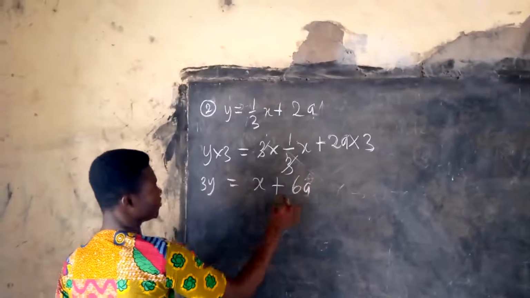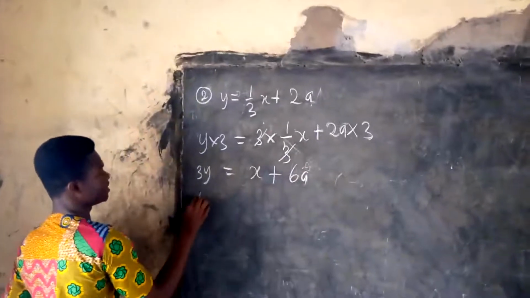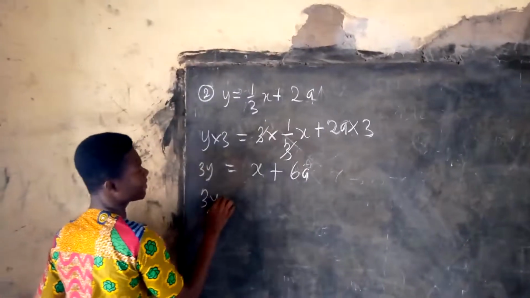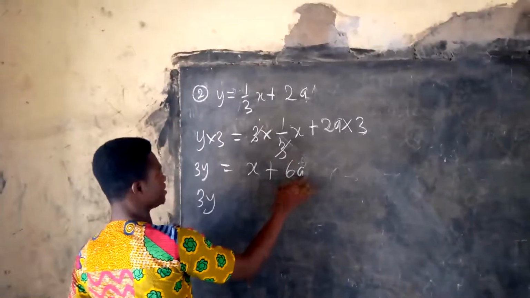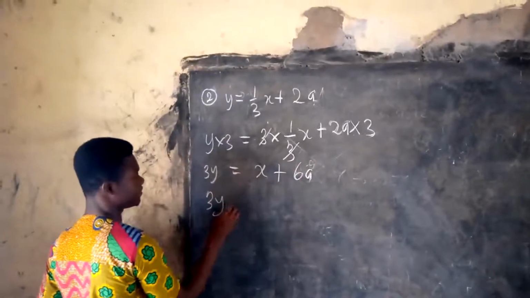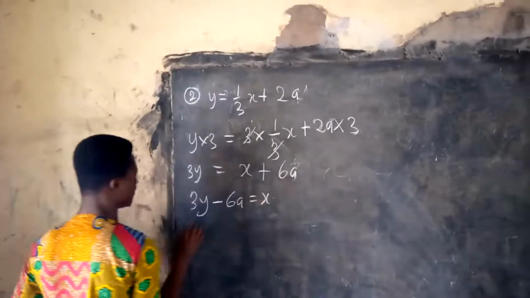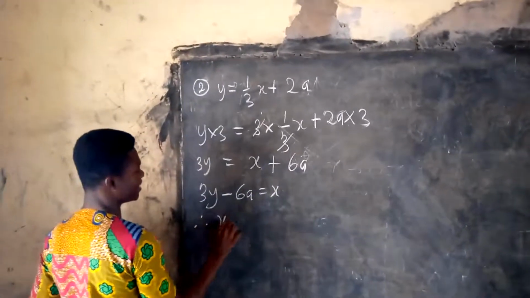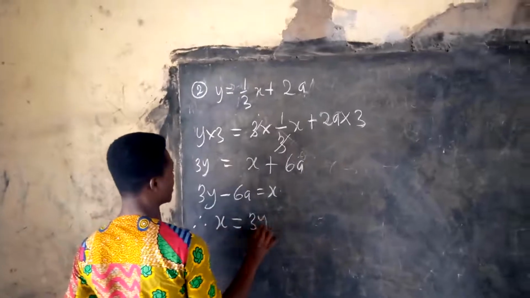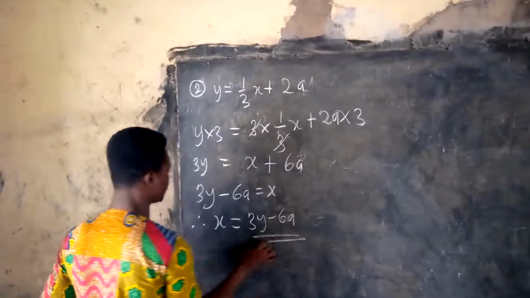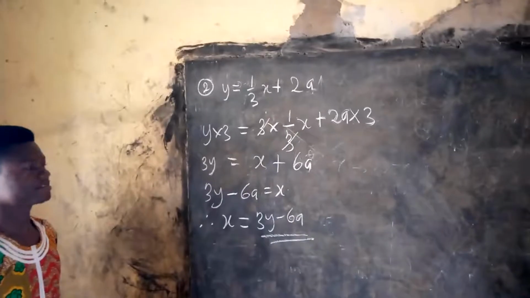We need to move 6a to the position where 3y is. Because 6a is positive, when it crosses over it becomes negative, so you have 3y minus 6a equal to x. Therefore, our answer here becomes x is equal to 3y minus 6a as we are making x the subject.